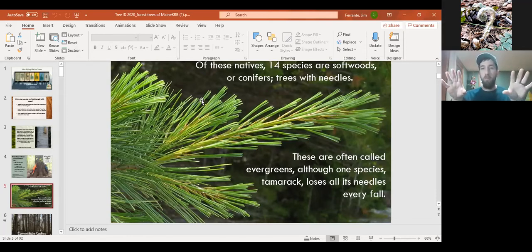Gymnosperms are a much more primitive clade, or group, of plants that are not true flowering plants, whereas our deciduous hardwood trees, for the most part, are all members of the angiosperm group, which are true flowering plants. That's where the difference is based: there are two very different groups of plants that evolved independently of each other, and they're actually very different.